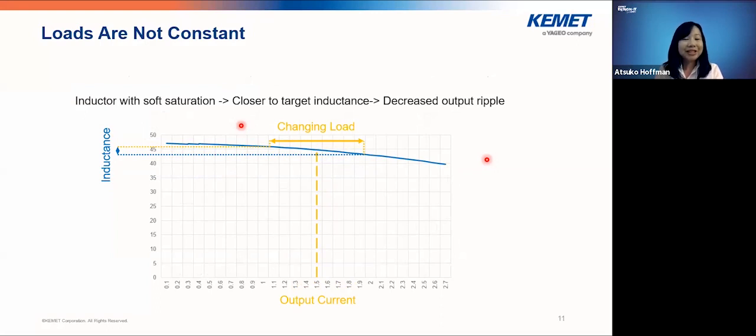So when you change the current from 1 amp to 2 amps, the inductance change is very minimal. It's not as much as the ferrite inductor. What that means is that you can stay closer to the target inductance value, and you may not see as much ripple increase as with ferrite inductors.